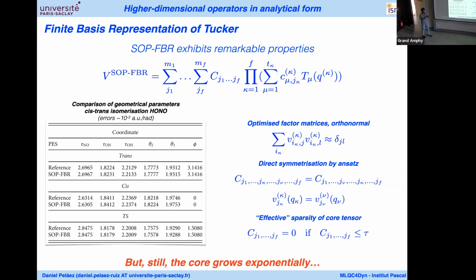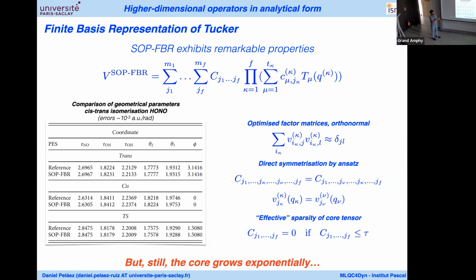It could be a list of points, but we gave a grid. As you can see, we've got a trans minimum for HONO, the cis minimum for HONO, and the transition state between these two. In this 6D surface, without explicit inclusion of those, we get exactly the same values, down to 10 to the minus 3, whatever the units are, atomic units or radians.